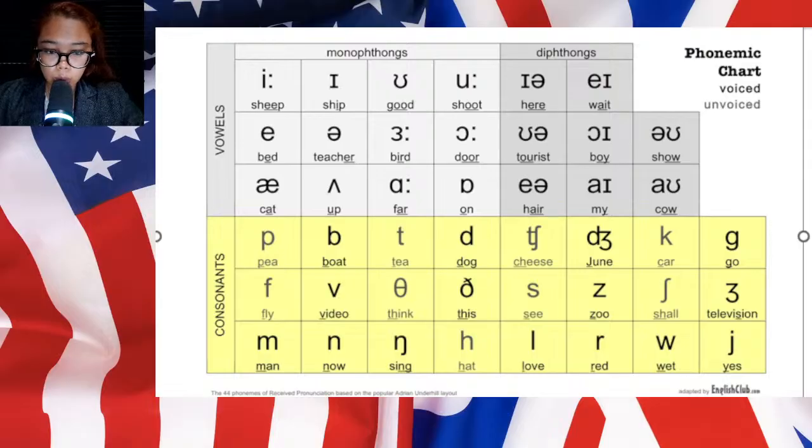Oh, show. Ear, hair. My. Ow, cow. Okay, so those are the different sounds for diphthongs.